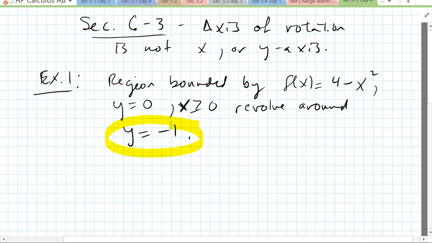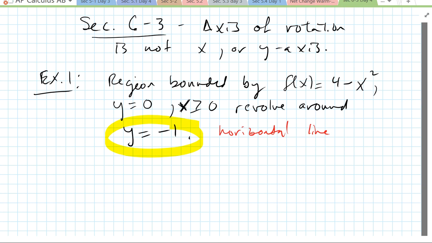One of the things I need you to realize is y equal to -1 is a horizontal line. Here's the way you think about it. The way lines work, if there's an x and a y in the line, it crosses both axes. If there's only a y, it only crosses the y-axis.